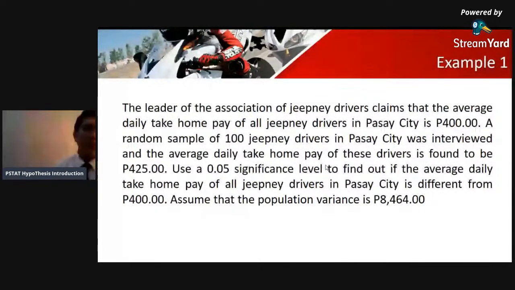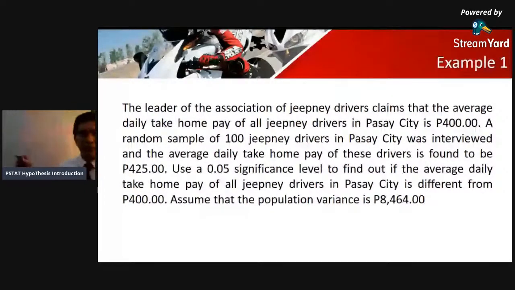Use a 0.05 significance level to find out if the average daily take-home pay of all jeepney drivers in Pasay City is different from 400 pesos. Assume that the population variance is 8,464. Next.